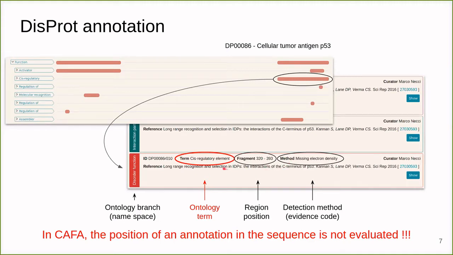For CAFA, we only consider the functional terms, as the position is too difficult to predict, in our opinion. And the evidence code is not relevant, as all the evidence comes from the literature and from experiments.